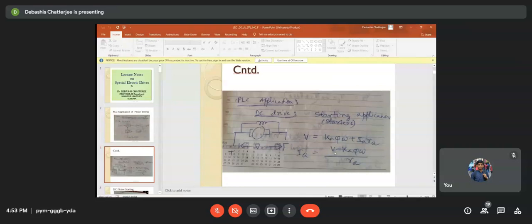Now if you have applied rated voltage here, and Ra is always small, even for a 1 kilowatt machine it is about 0.5, 0.6 ohm, and as the rating increases it becomes lower and lower, right? So naturally, if it is a 220 volt machine and Ra is 0.5, a current of 440 ampere will be there at the time of starting.